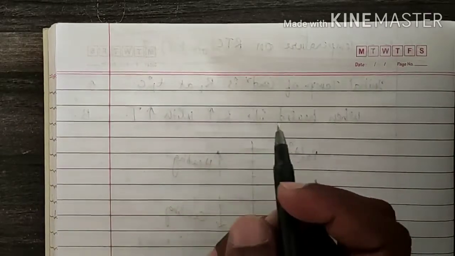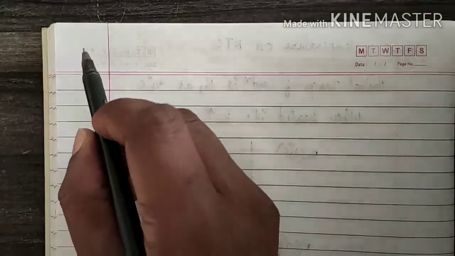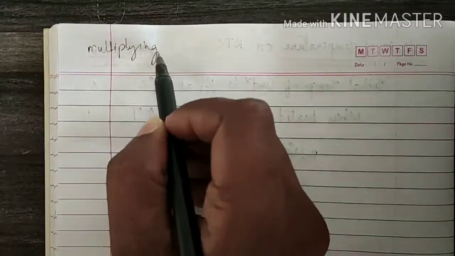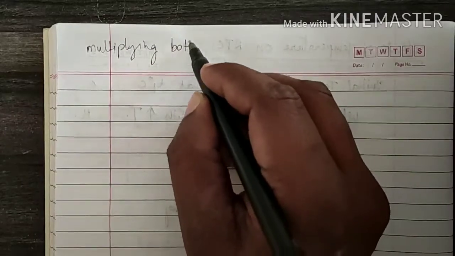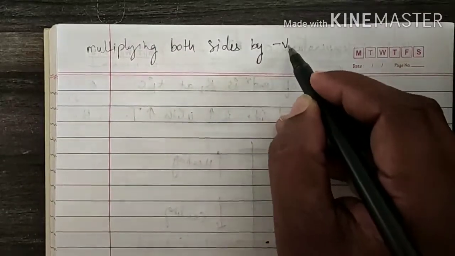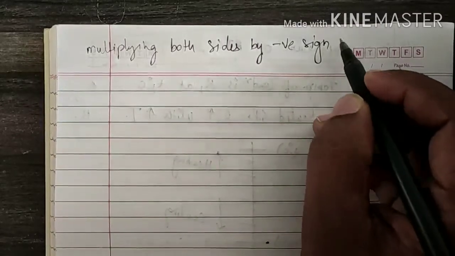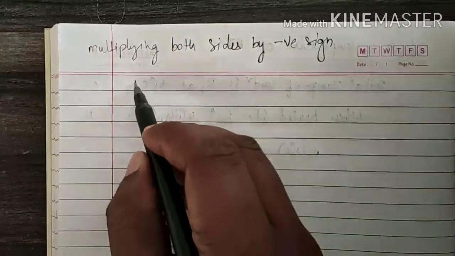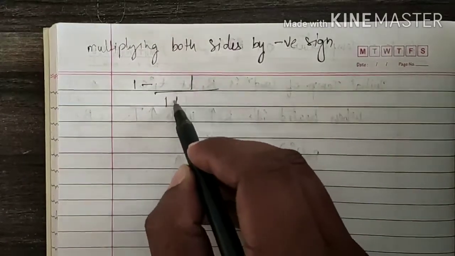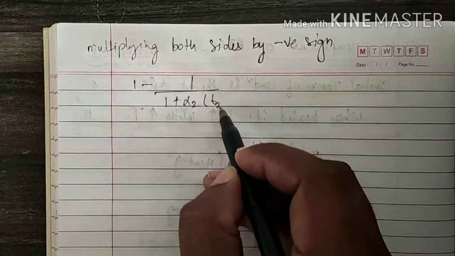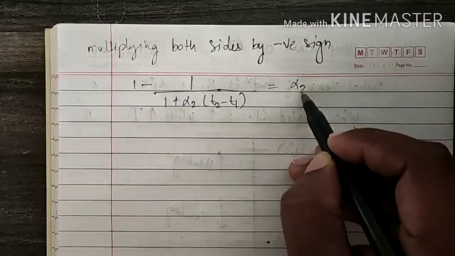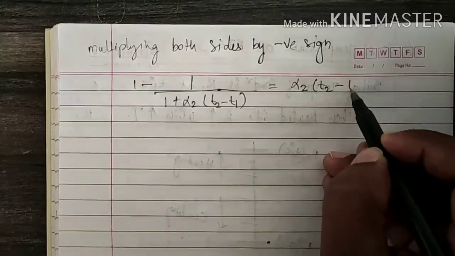Then multiplying both sides by a negative sign, what will my equation become? 1 minus 1 upon 1 plus alpha 1 times T2 minus T1 equals alpha 2 times T2 minus T1.